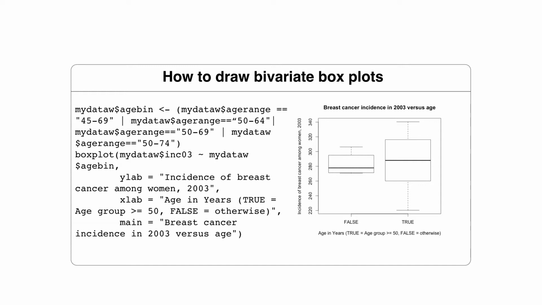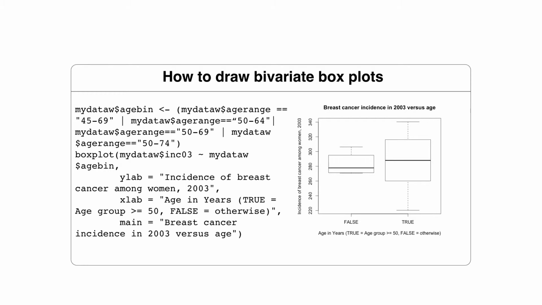But with a bivariate box plot, it becomes quite interesting because you will now be able to draw box plots in which you can actually plot two variables together. So let's take a look at this and see how we can draw a particular bivariate box plot.